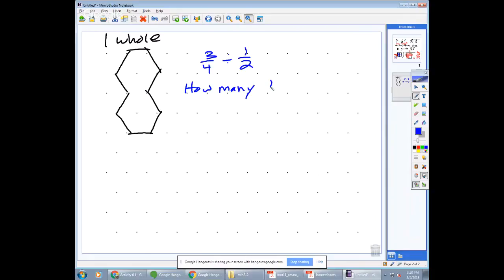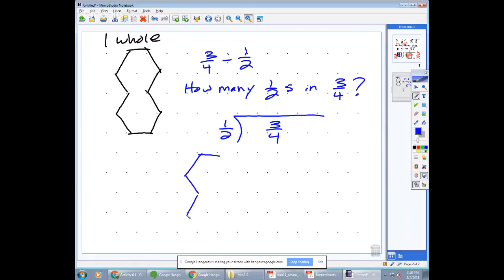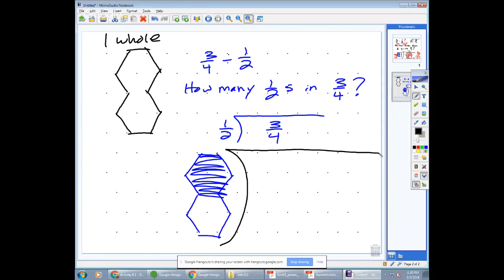How many 1/2 in 3/4? So I'm taking 1/2 into 3/4, and I want to redraw it with that in mind. I'll redraw my half here, and then that's going into my 3/4.